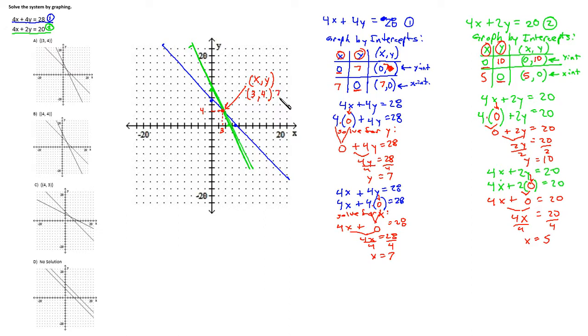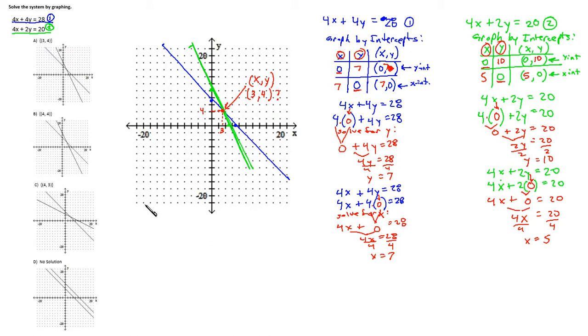So this is a question. Could the ordered pair 3, 4 be a solution to both equations? The ultimate test is that we have to go back to the original equations and see if substituting this point into those equations would make a true statement.